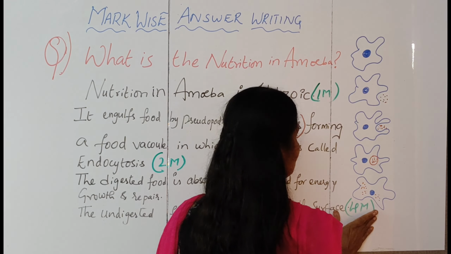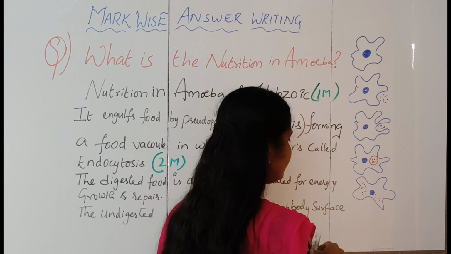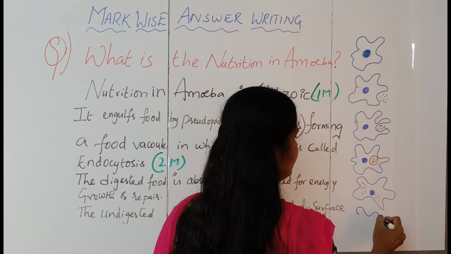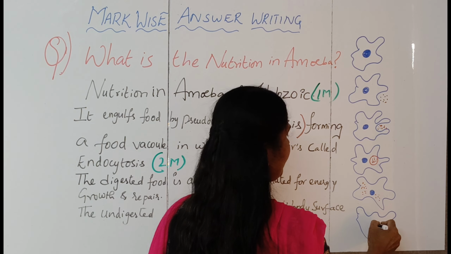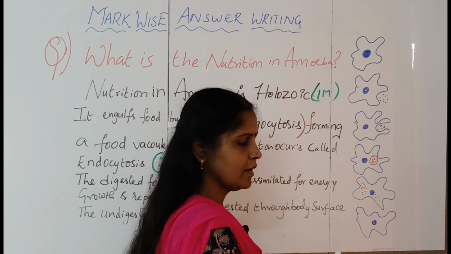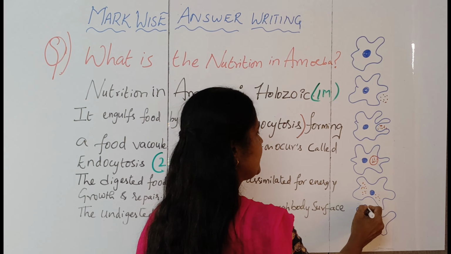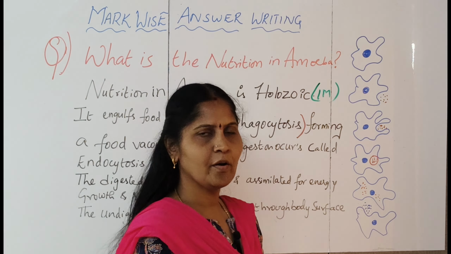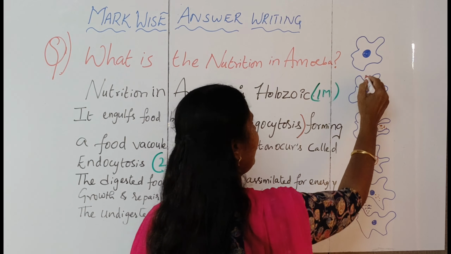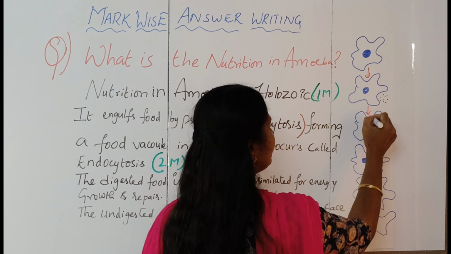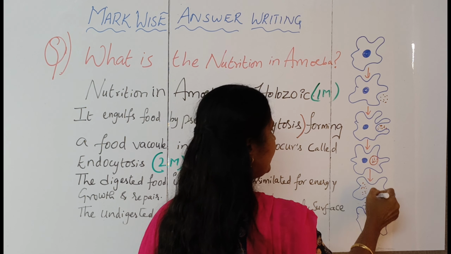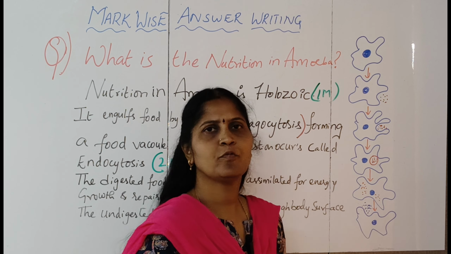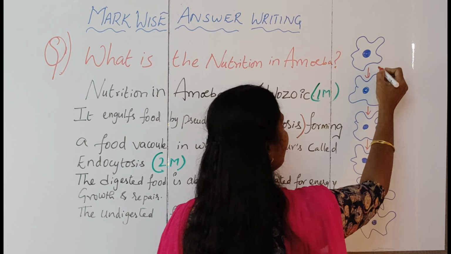Then in the last stage, you can show the process of egestion. You can draw the amoeba, and show that the undigested food is coming out. So this is the undigested food. Like this, you can draw the diagram in an easy way, and link these with arrows, so that each step follows one after another. You can also give some labeling.